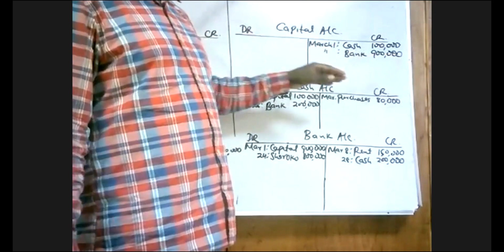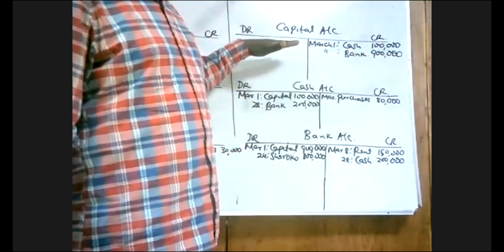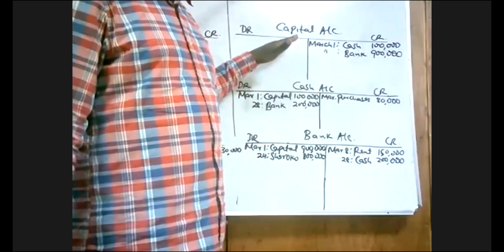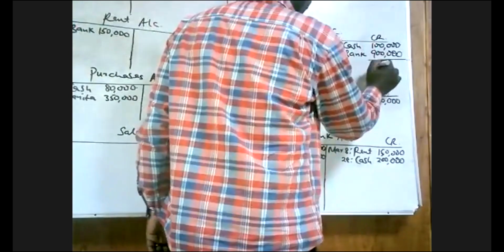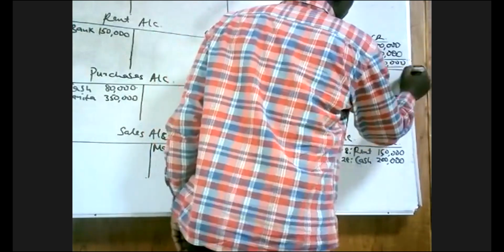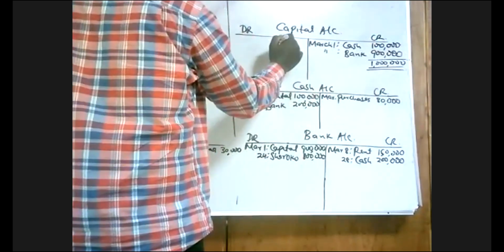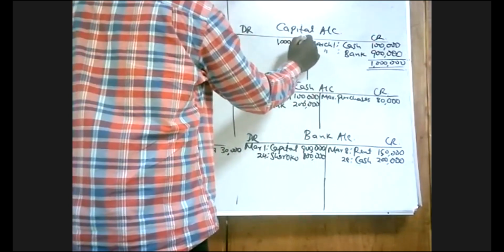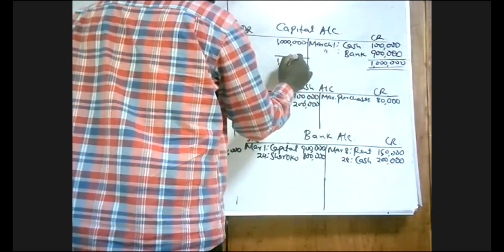By balancing here, I mean what I have on the credit should be the same amount that I have on the debit. To do so, I will just come here and total this. This one will give me 1 million. So for these two sides to have the same, I need to also have here 1 million so that they can balance.